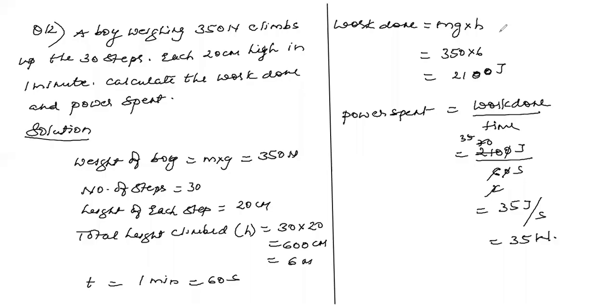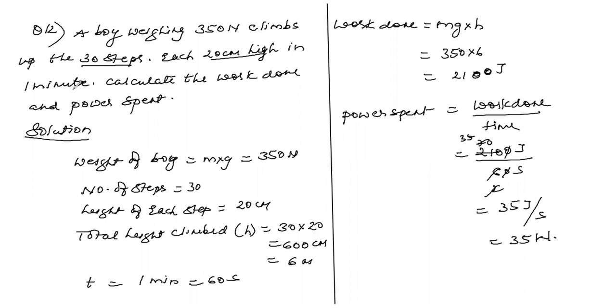Now, question number 12. A boy weighing 350 Newton climbs up 30 steps, each 20 centimeter high. That means one step is 20 centimeter high, and he climbs 30 steps. That means he has climbed the total height of 30 into 20, 600 centimeter, which is 6 meter, in 1 minute.